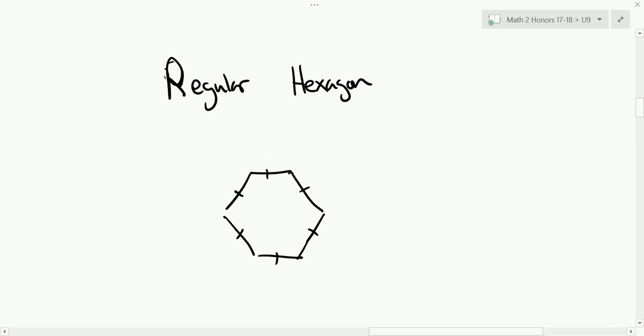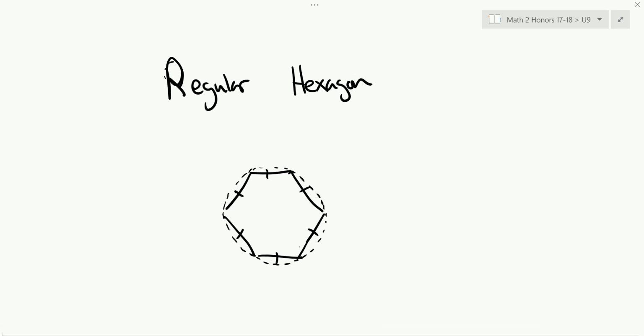Here's what I'm going to do to help you see what all the angles are. If I put a circle around this right through the vertices, all of these become chords of that circle.